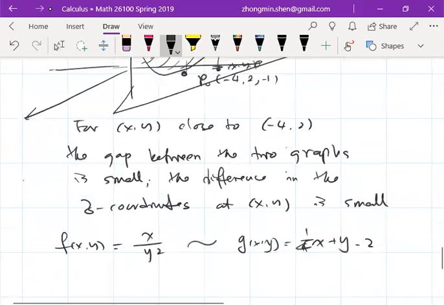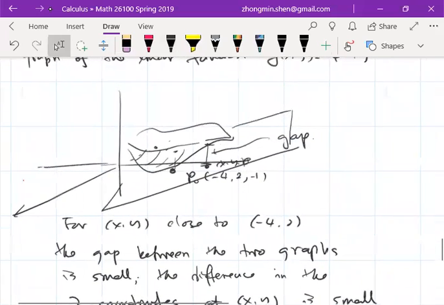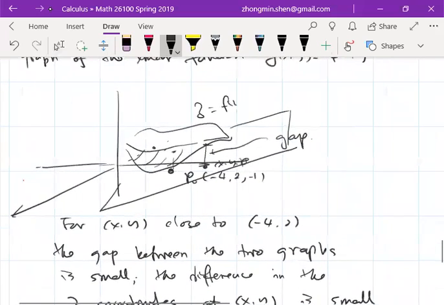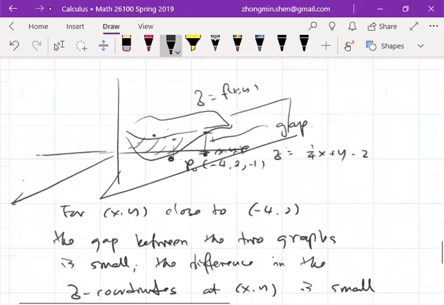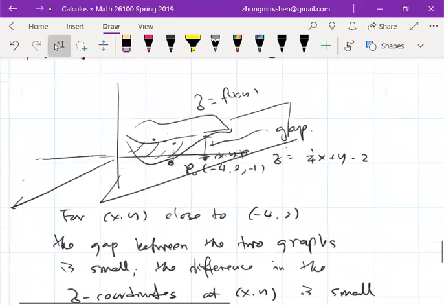If you look at the graph, this is z equals f of x, y, and this is z equals a quarter of x plus y minus 2. That's the equation for the tangent plane. So for the same x, y, you get two points. One point is on the graph of f, another is on the graph of the tangent plane, and there's a gap between those two points.